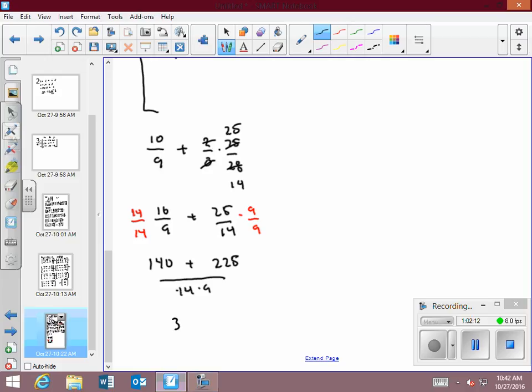So that's 365. Man, that silly thing runs together. Over 14 times 9. Did we say there was any common factors? 3 is not a factor of the numerator. 2 or 7 is not a factor. So this is 365 over 8. Is that right?